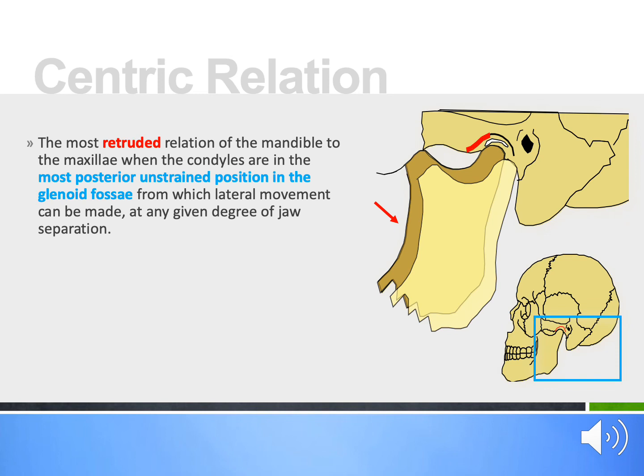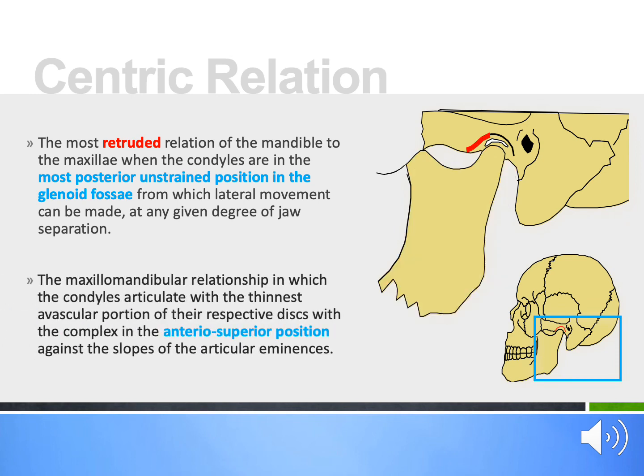For example, any person can retrude the mandible backward from the centric position by half to 1 millimeter, and this is most retruded, but it is strained. But the centric relation is the unstrained position, which is here.